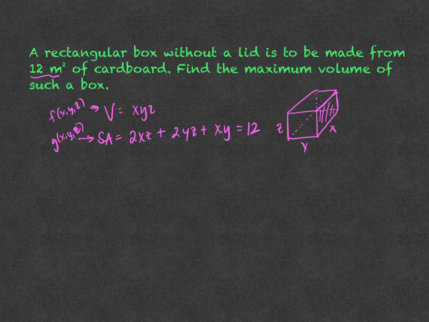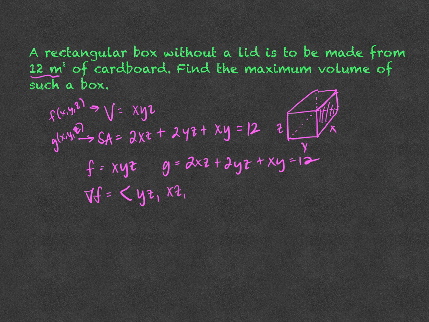So I'm going to rewrite it to say, let f equal xyz, and let g equal 2xz plus 2yz plus xy, which is equal to 12. So let's find the gradient of f. When I take the derivative with respect to x, I get yz. With respect to y, I get xz.